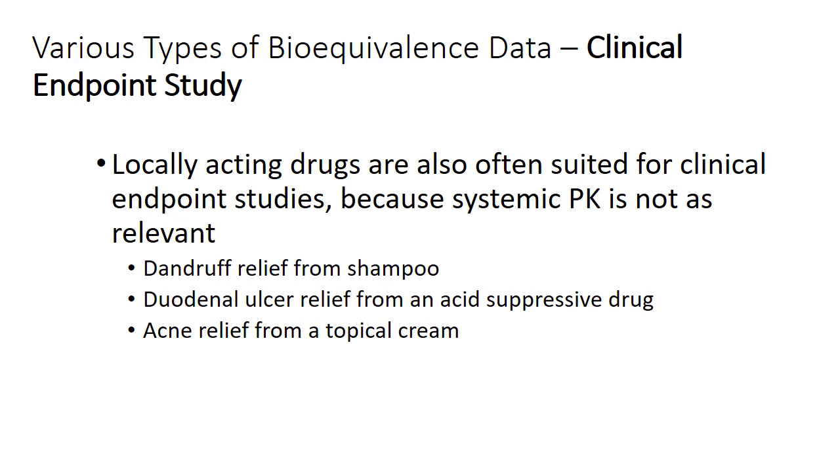So dandruff relief from shampoo, because how would you do a bioavailability study on a topical treatment of the scalp? How would you measure drug concentration on the scalp? Obviously whatever you put there is there, right? You put it there, so it's there. So it's not really relevant to measure the drug concentration in like scalp biopsies or something like that.